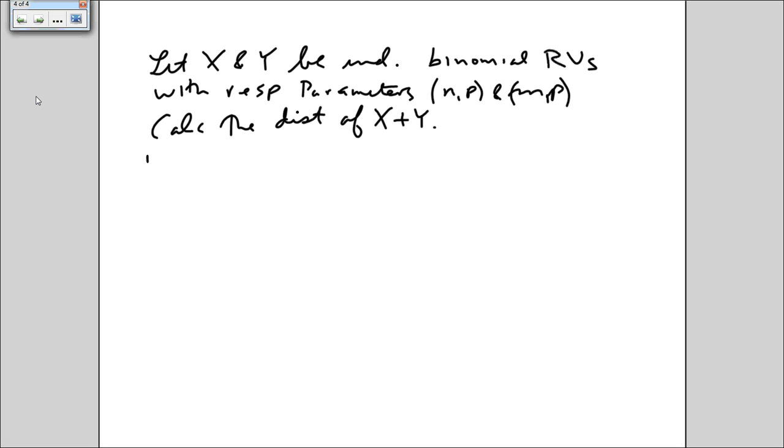So in other words, they're asking us, what is the probability that x plus y equals some number? Call it n.